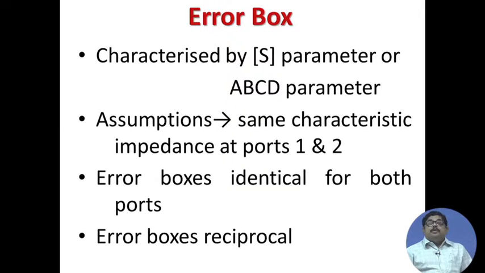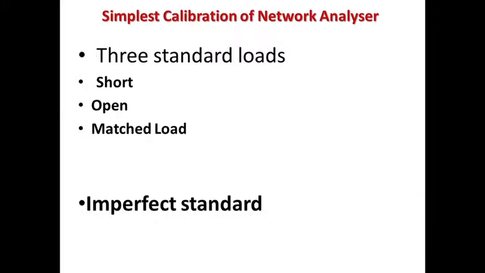Also, we assume the error boxes are identical for both ports. That means both ports have identical connections. If not, you need to change some of the formulations. Also, the error boxes are reciprocal. That means we are not using anything in those connections and transitions, etc., which is non reciprocal. So, the error boxes also are reciprocal.